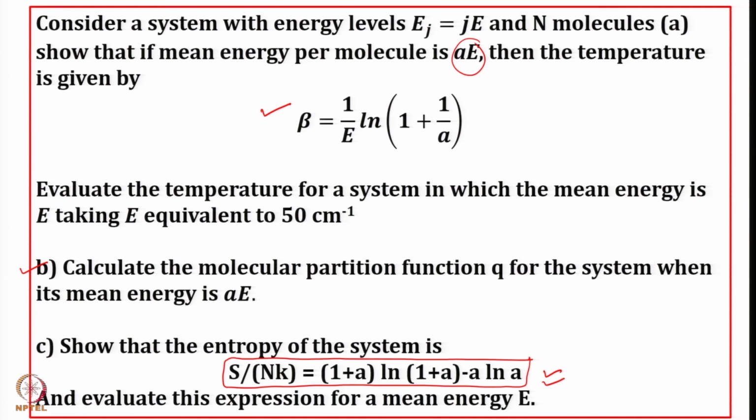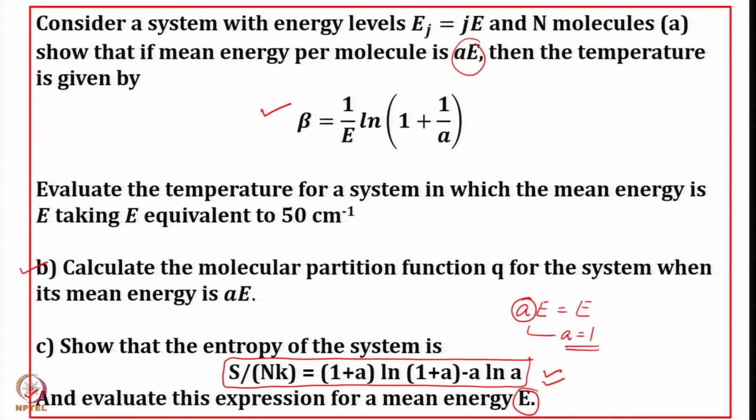Now it says evaluate this expression for a mean energy of E. Carefully examine the statement which is given to you. It says evaluate this expression for a mean energy equal to E. So that means they are saying you treat AE equal to E. Essentially they are saying you use A equal to 1.